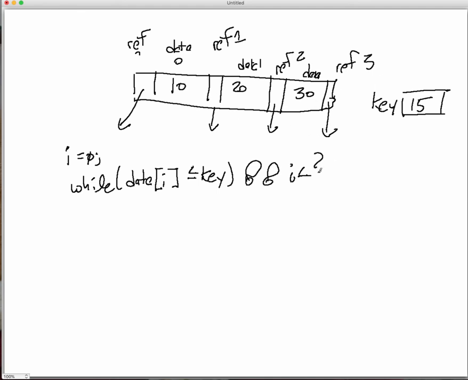I'm just going to put a question mark in here. I'll leave it to you to fill that out. And what am I going to say? I'm going to say something like i plus plus.